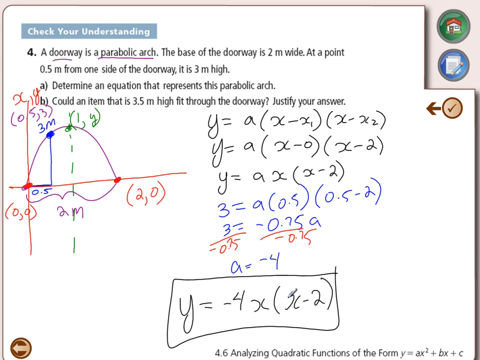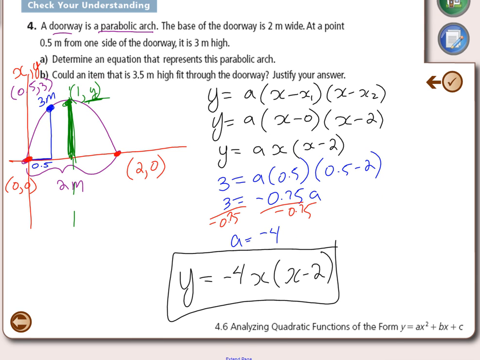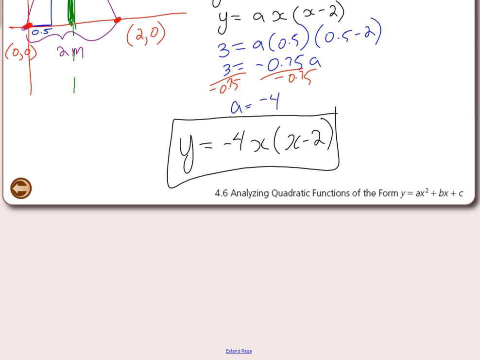Box that in. Last thing: could something that's 3.5 meters high go through that door? What they're really asking is, how tall is this section right here? What's the y-coordinate? We already have the x-coordinate, so let's plug it in and solve for y.